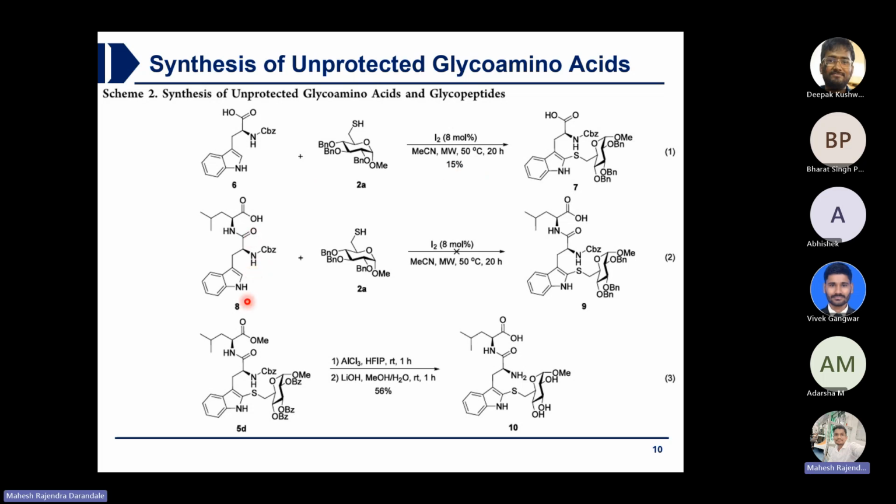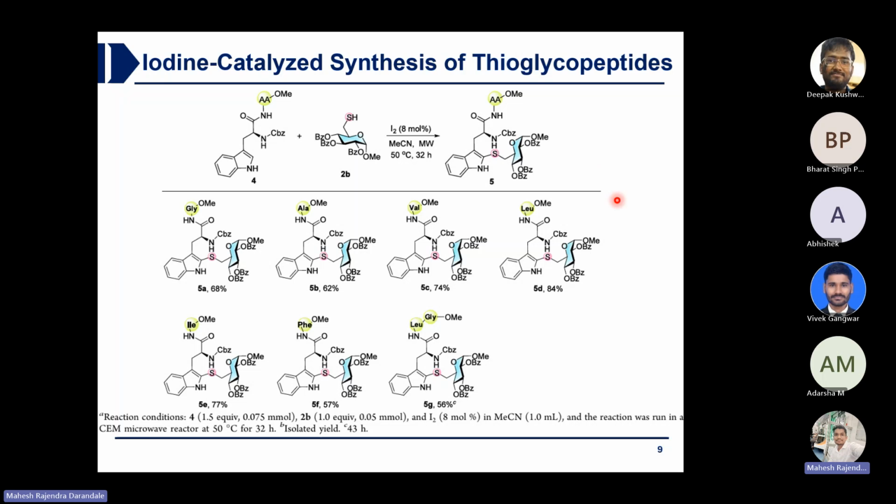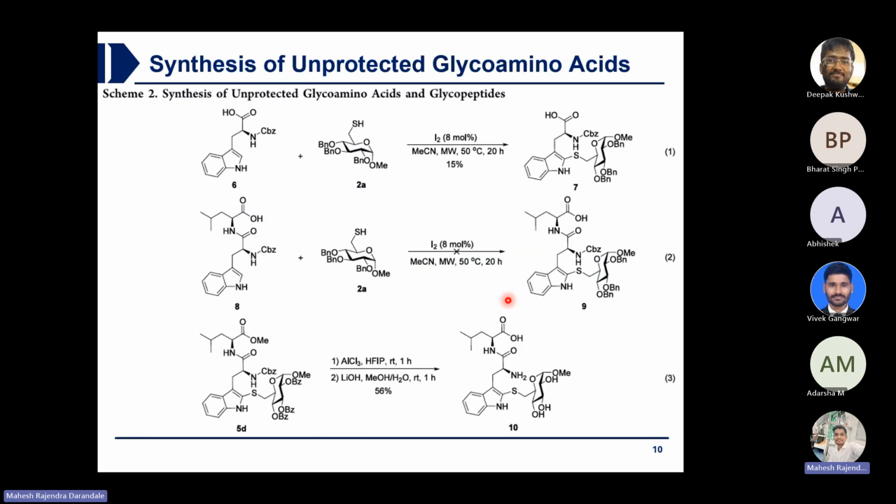Again, in the substrate number 8, they have tried the same reaction. But in this case, there was no reaction. They are not getting here 9 as a compound. And 5D, where we discussed in the last slide, they are getting this 5D as a compound. So they tried some deprotection of all these protecting groups.